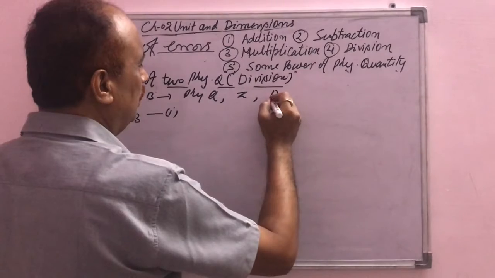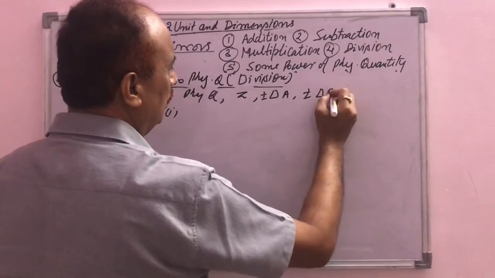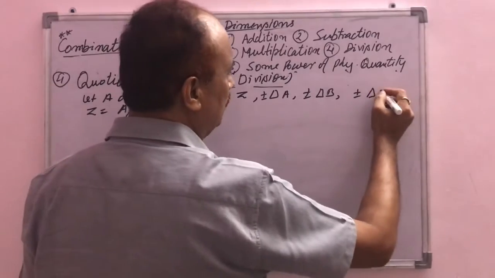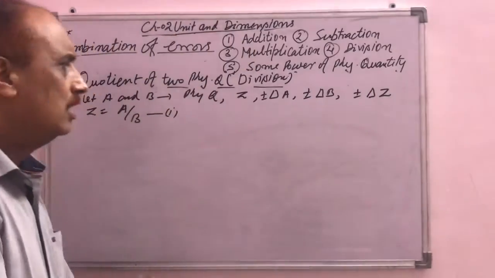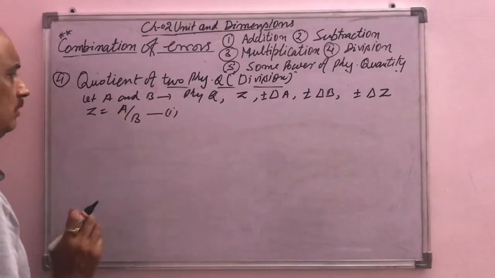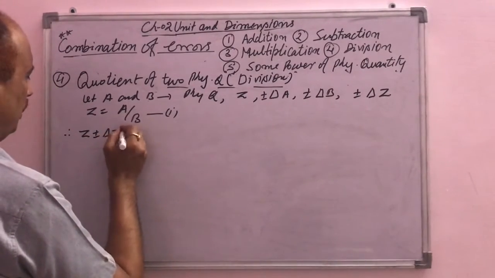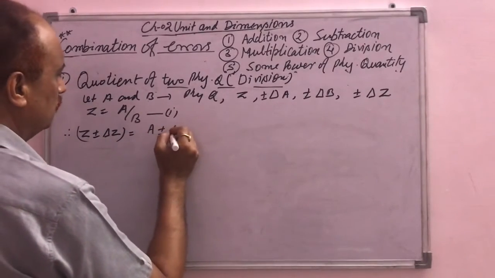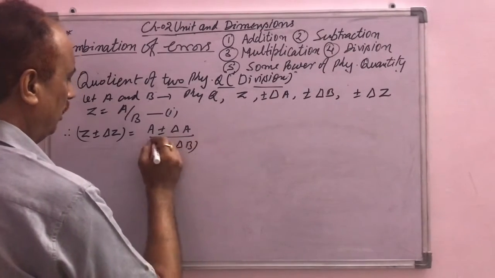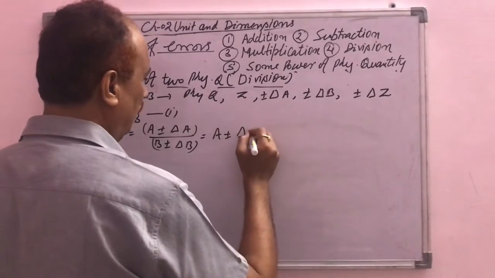But if plus minus delta A and plus minus delta B are the absolute errors in the quantities A and B, and plus minus delta Z is the absolute error in the result in case of combination, then equation 1 can be written as Z plus minus delta Z equals A plus minus delta A divided by B plus minus delta B. Now this term can be written as A plus minus delta A in the first bracket.